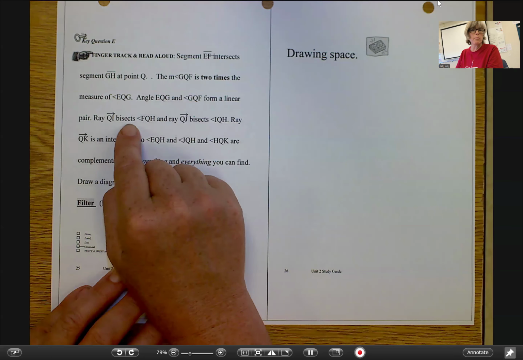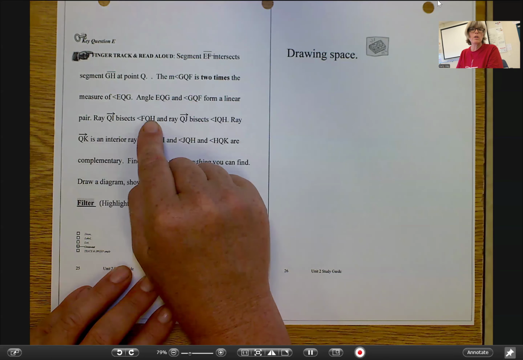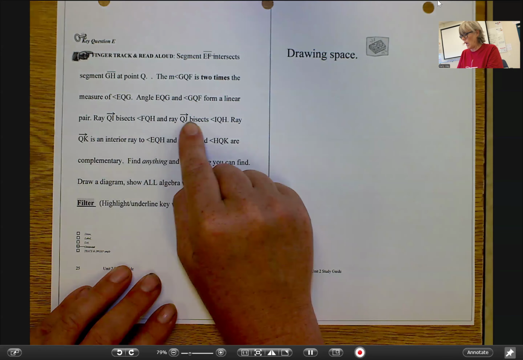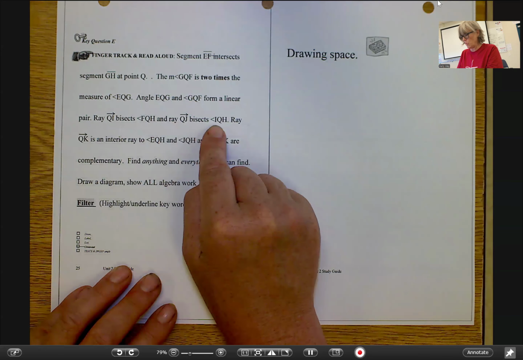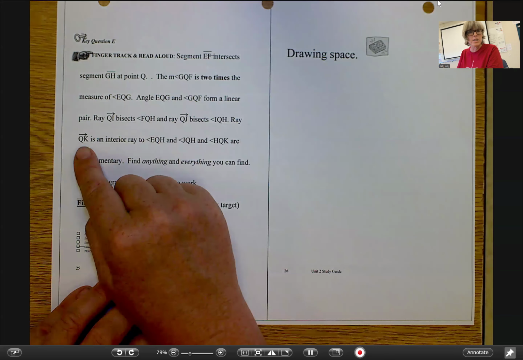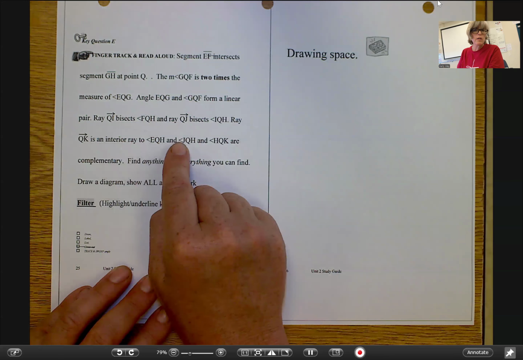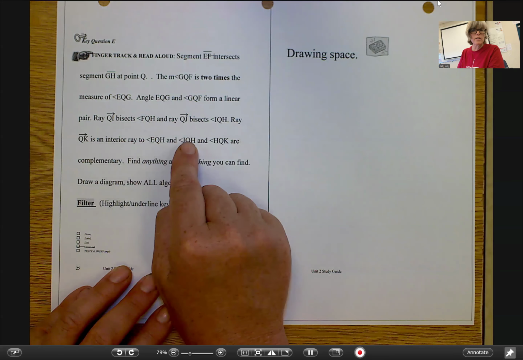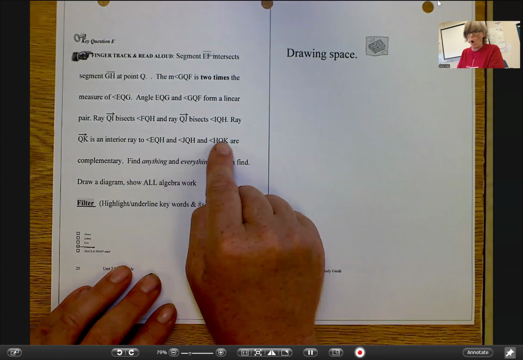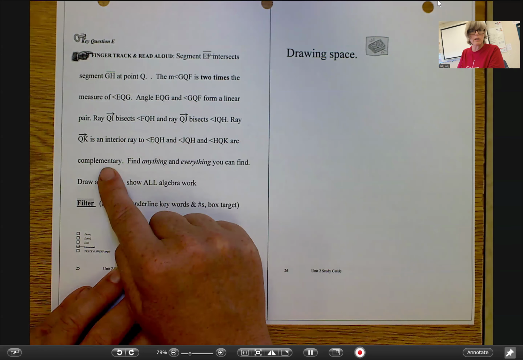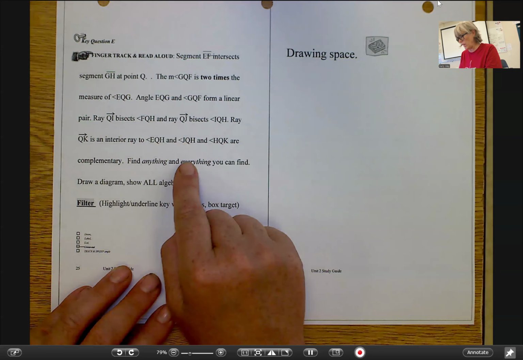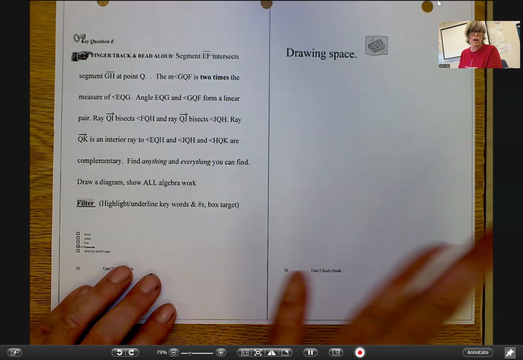Ray QI bisects FQH. QJ bisects IQH. Ray QK is interior to EQH, and JQH and HQK are complementary. Find anything and everything you can find, draw a diagram, show all your algebra.